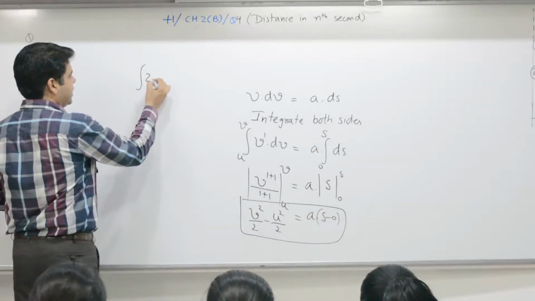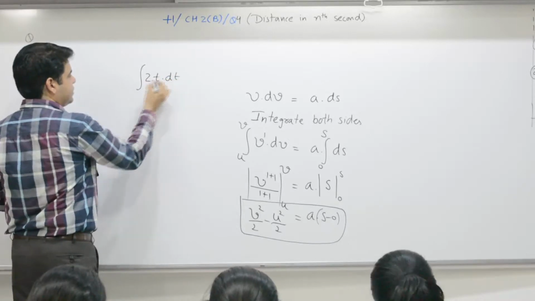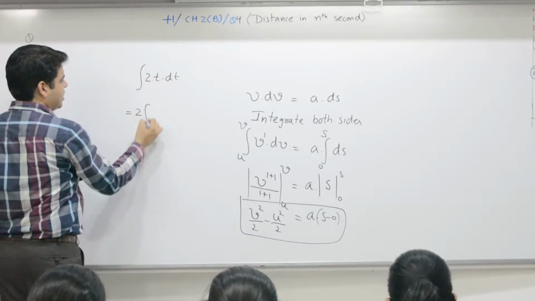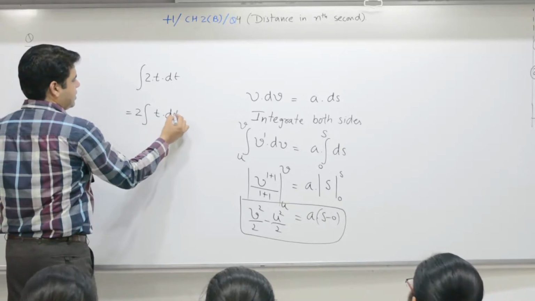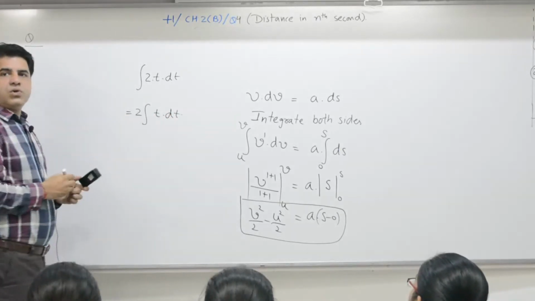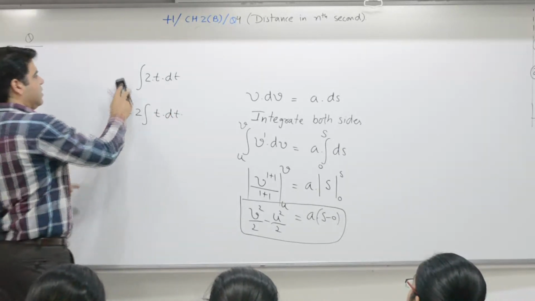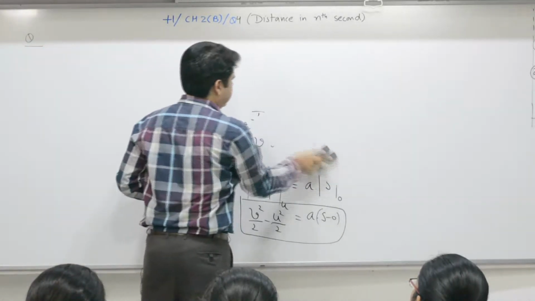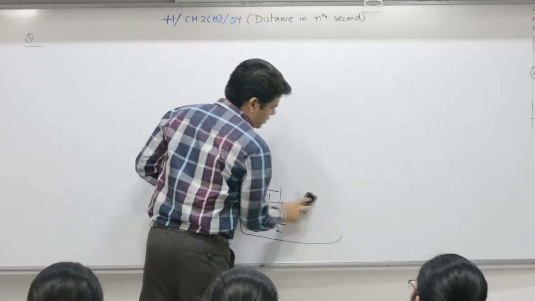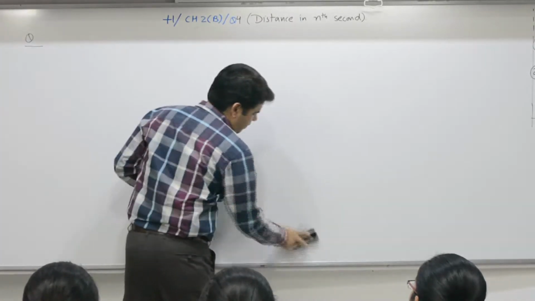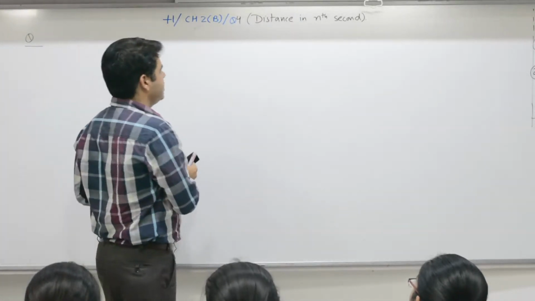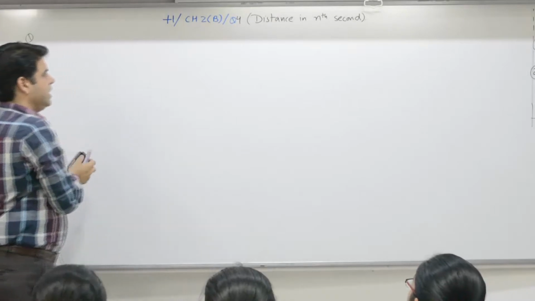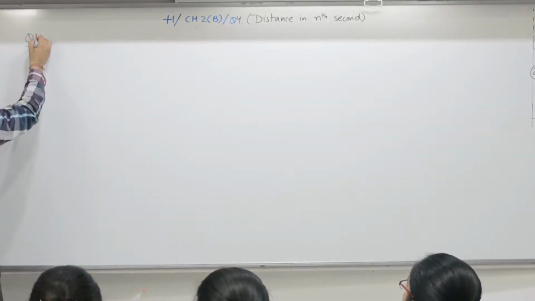Integration of 2t is, you can take this 2 out because 2 is a constant. That is why. In case it is variable, then it is not possible to take it out. Then you will have to integrate. You will have questions. Distance covered by the particle in nth second. First we will have concept example.